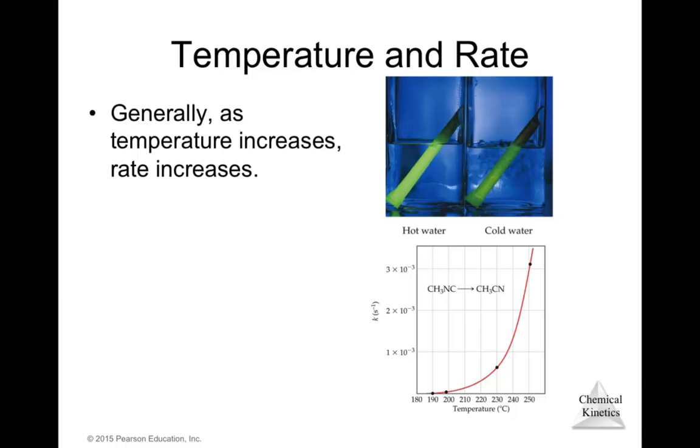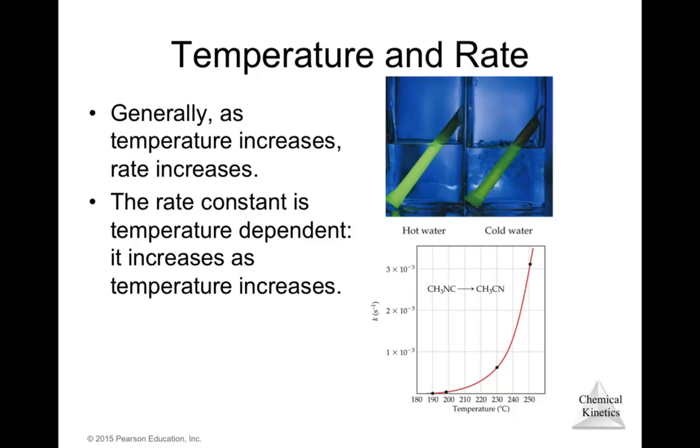Generally, as the temperature increases, the rate also increases. The rate constant is temperature dependent. It increases as the temperature increases. Here we have a graph of the reaction of methyl isonitrile to produce acetonitrile.